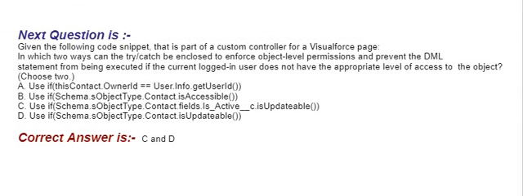Next question is, given the following code snippet that is part of a custom controller for a Visualforce page, in which two ways can the try/catch be enclosed to enforce object level permissions and prevent the DML statement from being executed if the current logged in user does not have the appropriate level of access to the object?